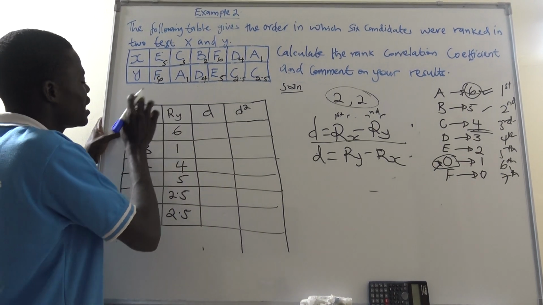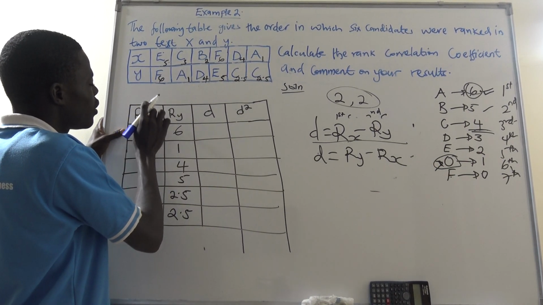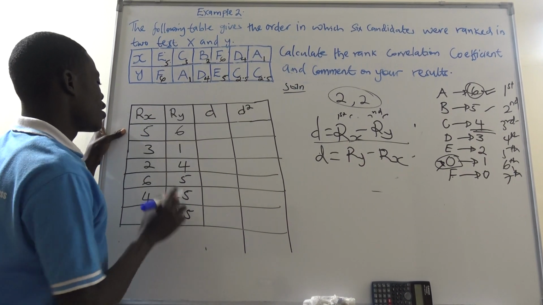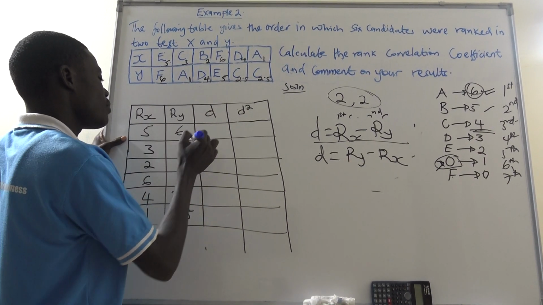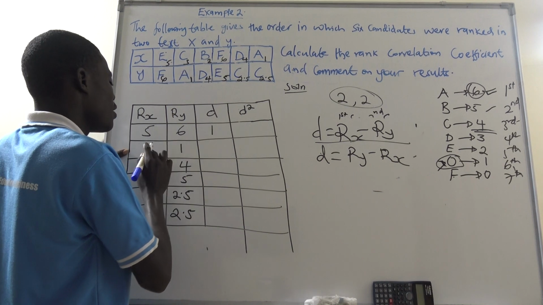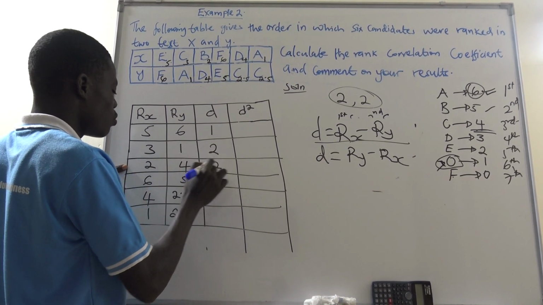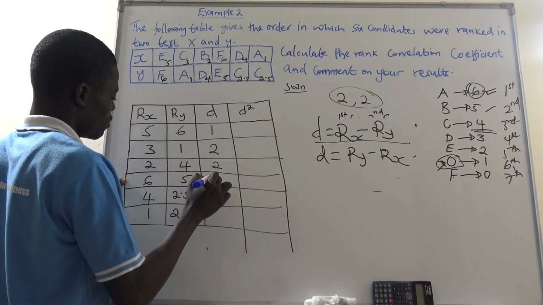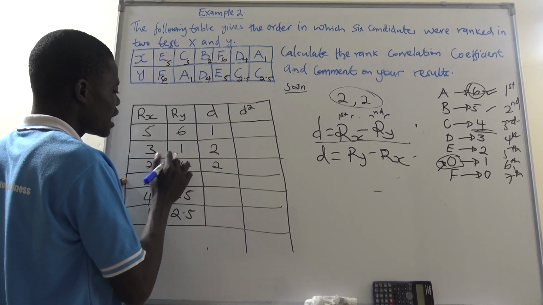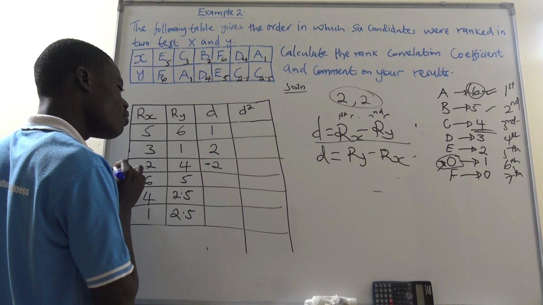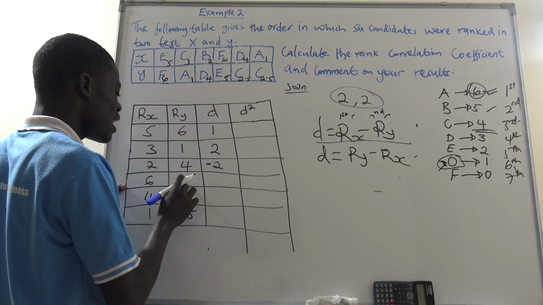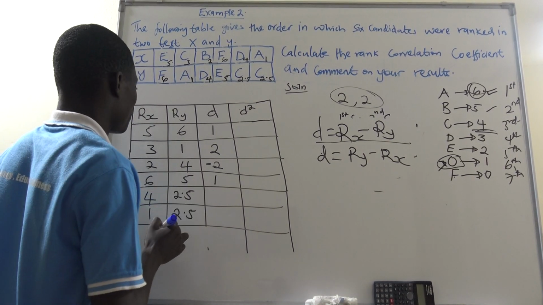For me, I'm going to get the difference as rank X minus rank Y. So that is 5 minus 6, I get negative 1. 3 minus 1, I get 2. 2 minus 4, I get negative 2. 6 minus 5, I get 1.